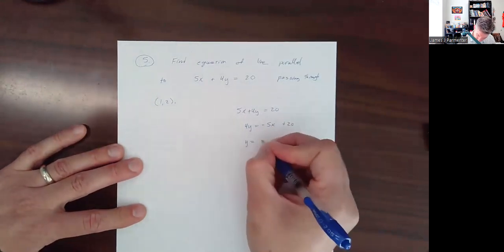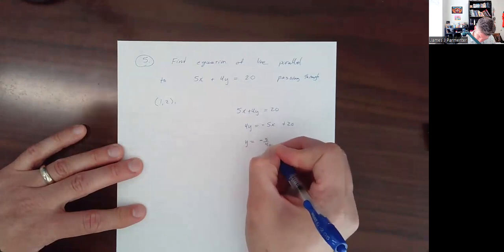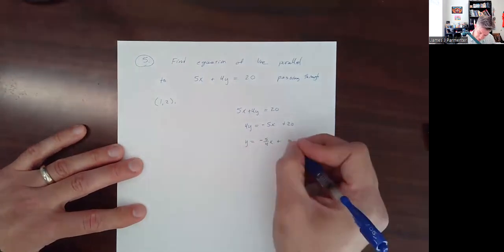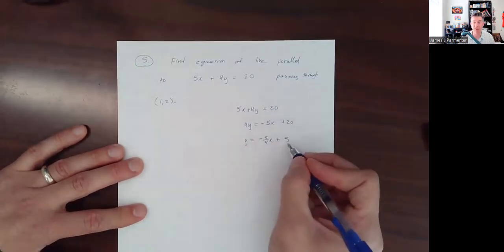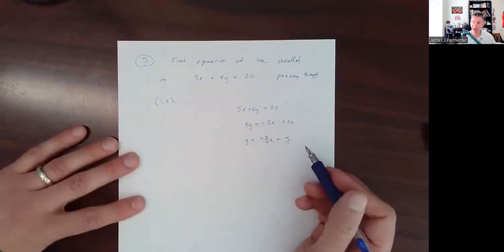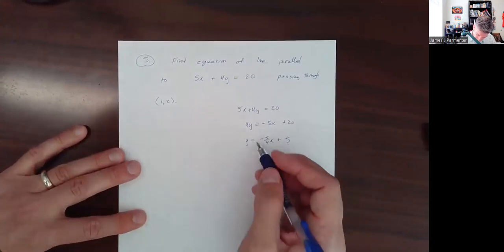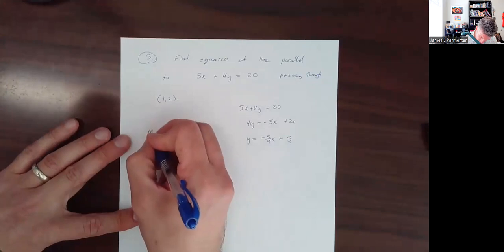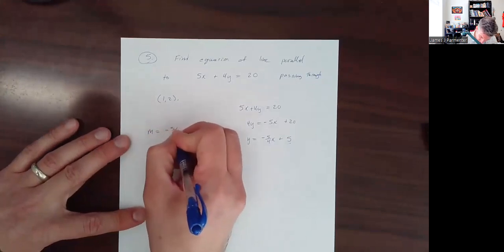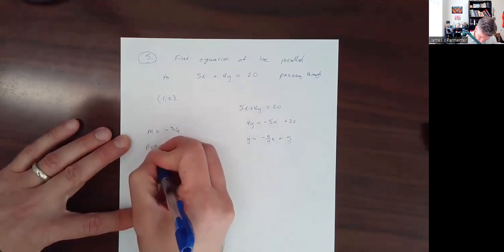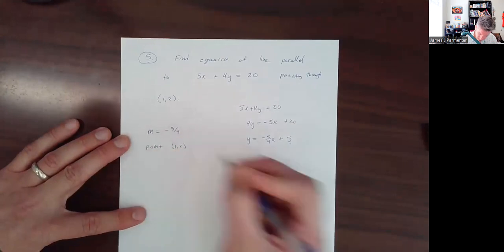So y equals negative 5 over 4 x plus 20 divided by 4 is 5. Again, I don't actually care about this number here, but I'm not going to do the wrong thing.